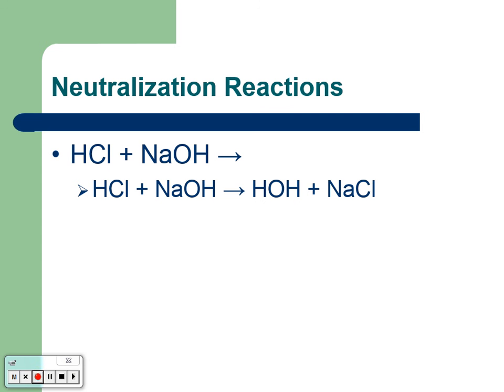If you had a lot of HCl and just a little bit of NaOH, would you make salt water? Yes, but do you have enough NaOH to neutralize all of the HCl? If you have a lot of HCl and just a little NaOH, you'd make a little bit of salt water, but there'd still be a lot of HCl left over.